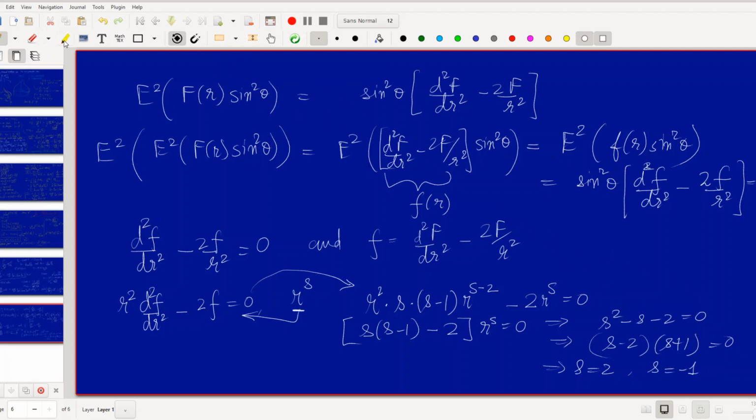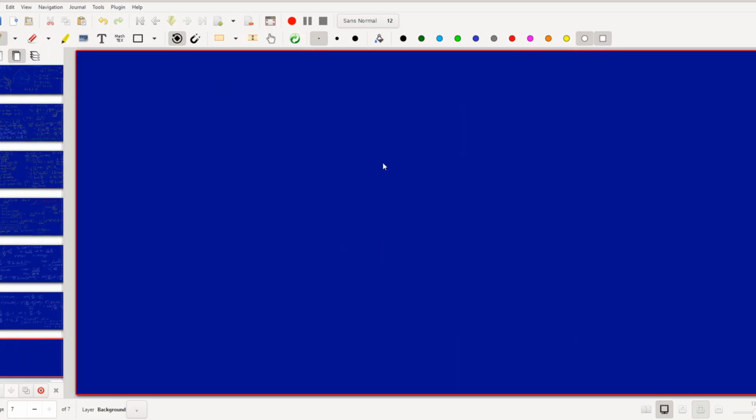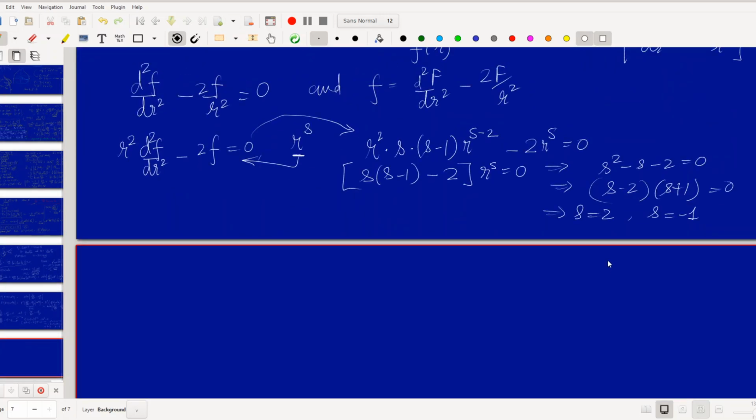Corresponding to this, we can write down the solution. So if s is equal to 2 and minus 1, small f is equal to a r square plus b upon r.